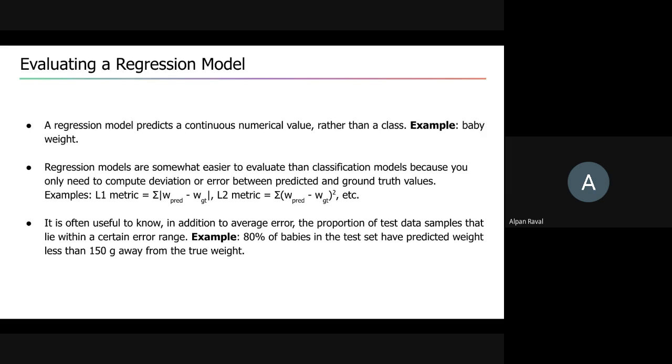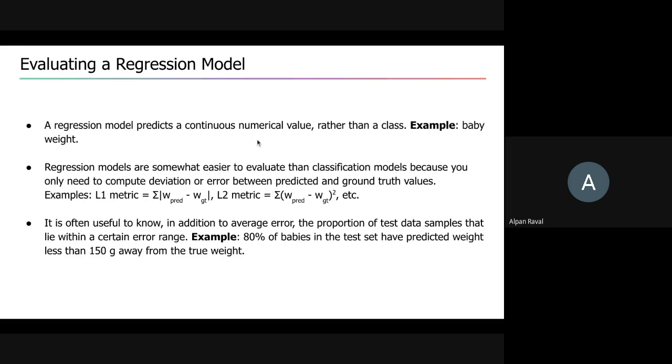What is a regression model? A regression model predicts a continuous numerical value. It doesn't predict a class value. For example, in our anthropometry project, the baby weight model is a regression model. We are not predicting whether the baby is underweight or overweight, we're just predicting the weight itself. That is a regression model, when you actually predict a number.